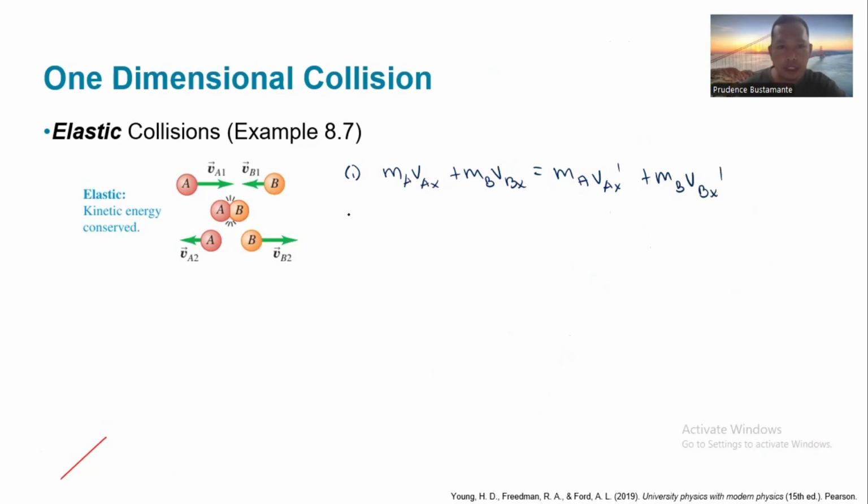And the other one we can use is that in elastic collisions of two objects, the relative velocities before and after the collision have the same magnitude but opposite sign. VBX prime minus VAX prime is equal to the negative of VBX minus VAX.